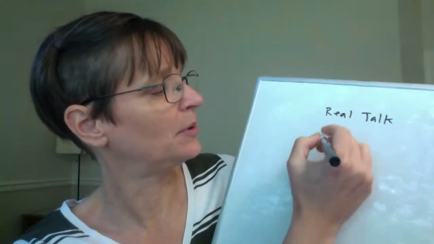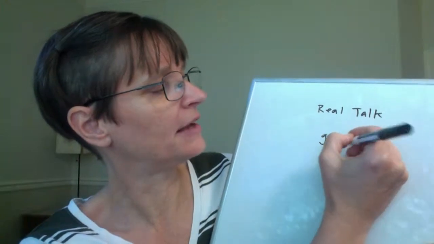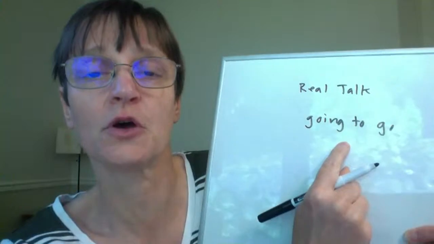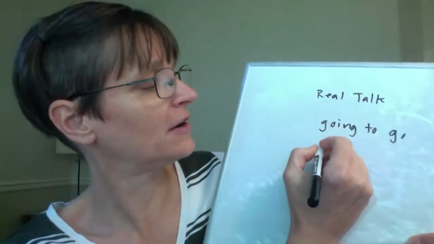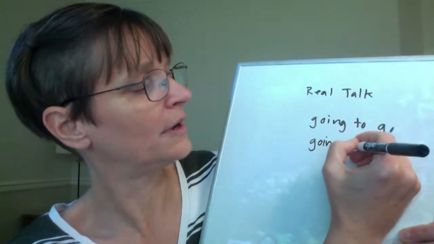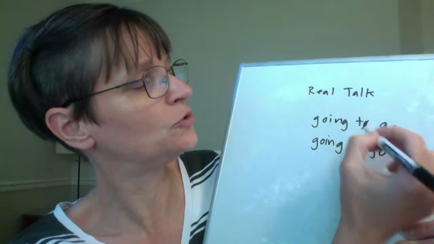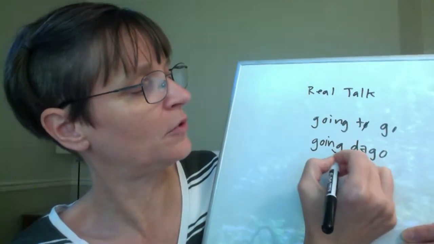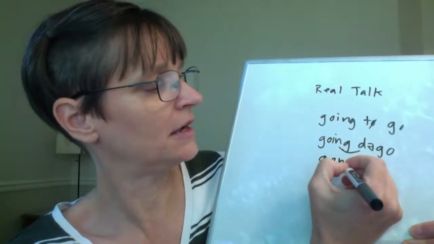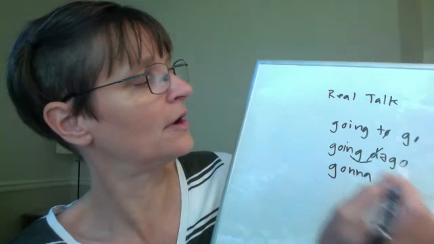So for example, if I'm saying going to go, I can say it with all of the sounds, going to go, but Americans are more likely to say going to go, where we change this oo to an uh and we link these two, going to, or we also would say gonna, where the D drops out entirely, gonna go.